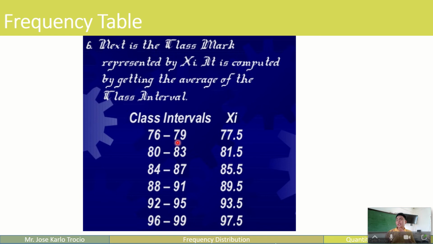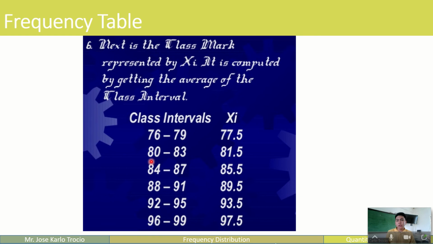What we need to do is to add 76 and 79, that will be equal to 155. So 155 divided by 2 is equal to 77.5. This is now our class mark.